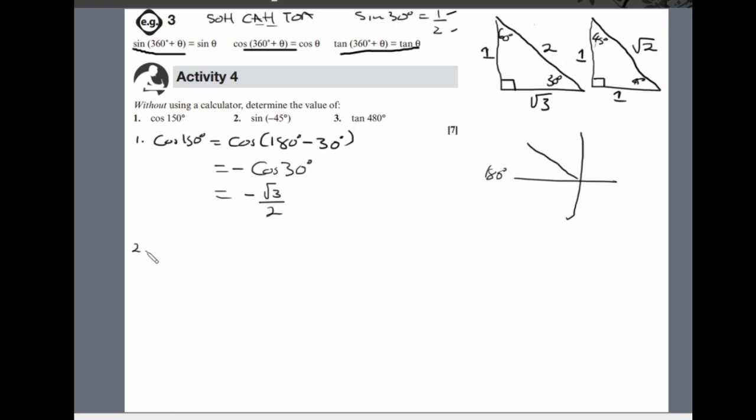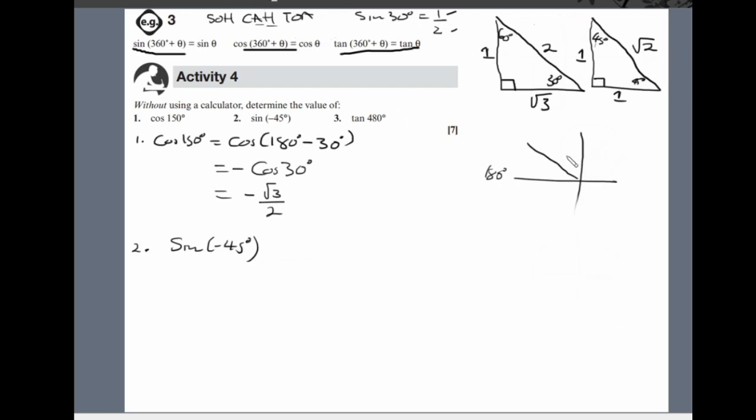And then we move on to number 2, sine of minus 45 degrees. Negative angles mean you are moving the terminal arm clockwise. When you are moving the terminal arm anti-clockwise, you are measuring positive angles. But if you are moving it clockwise, you will have a negative angle.